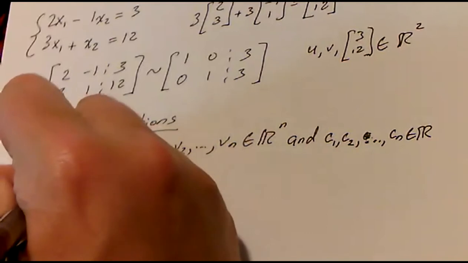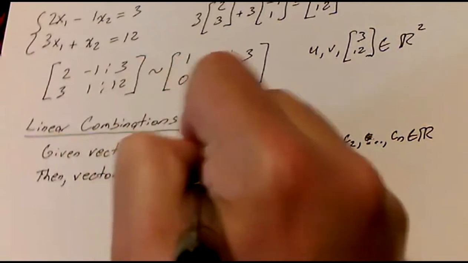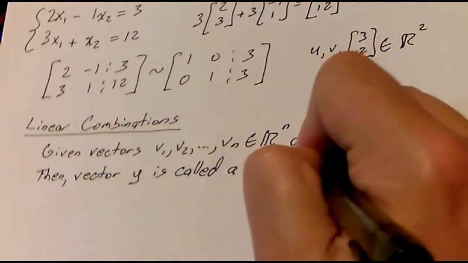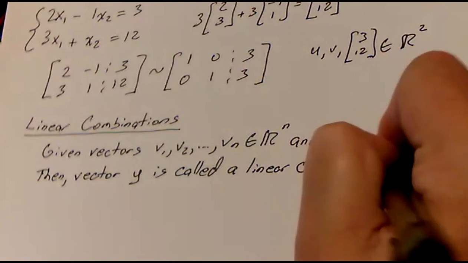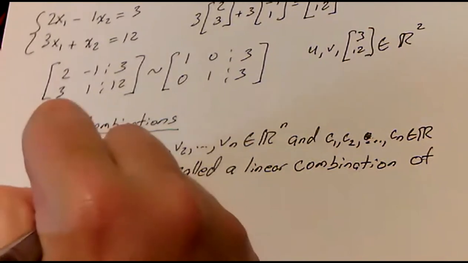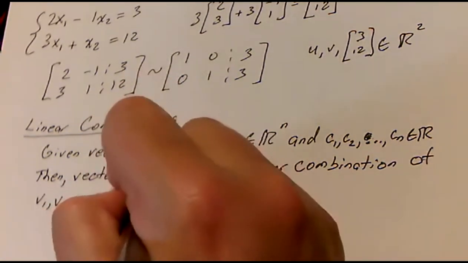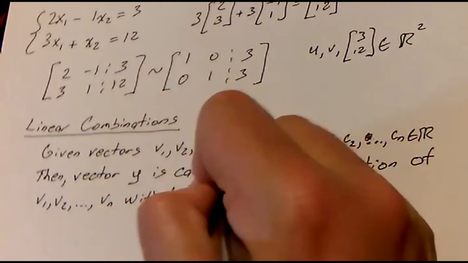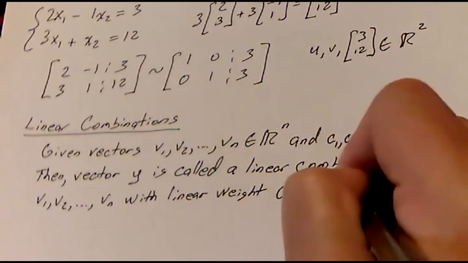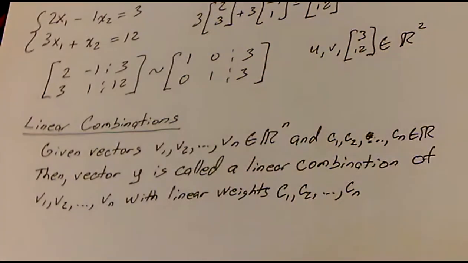Then a vector y is called a linear combination of my vectors v1, v2, all the way out to vn, with linear weights, which are my scalars c1, c2, cn. Sometimes we will just refer to them as weights.